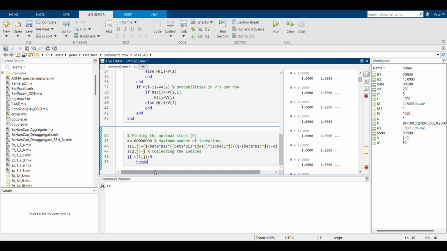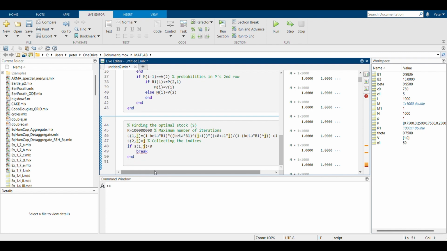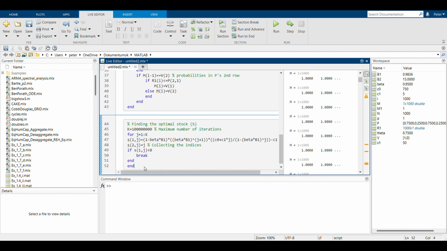And then we found the optimum capital stock. All right. Here I forgot to start the for loop. My fault. So this is K. Okay, everything's clear. So we start a for loop, an iteration.